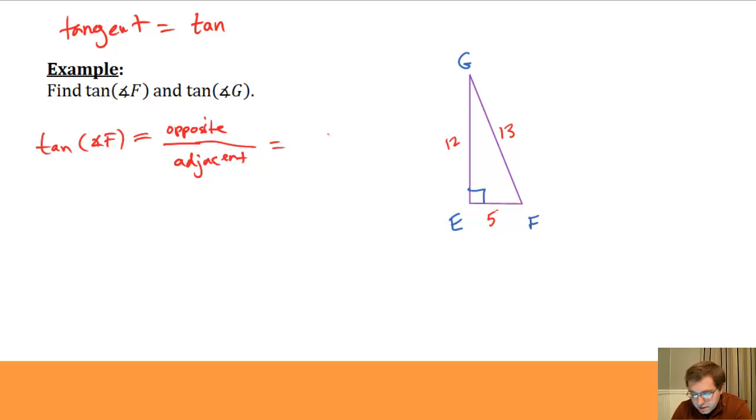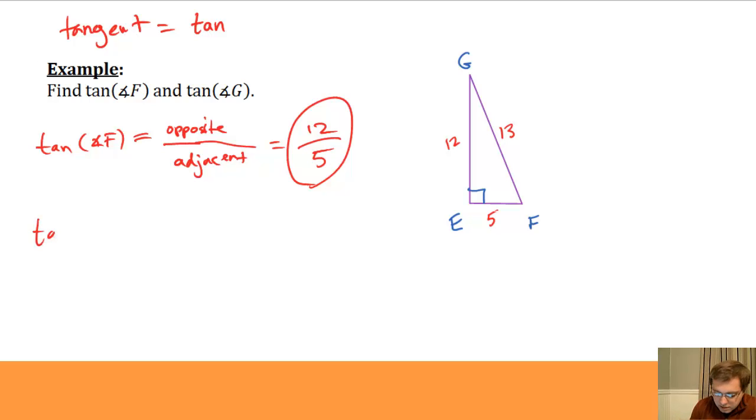So what leg is opposite angle F? 12. What leg is adjacent to angle F? 5. And that's it. That is the tangent of angle F, 12 over 5. Or 2 2/5. But 12 over 5 is fine. That's a simplified fraction.